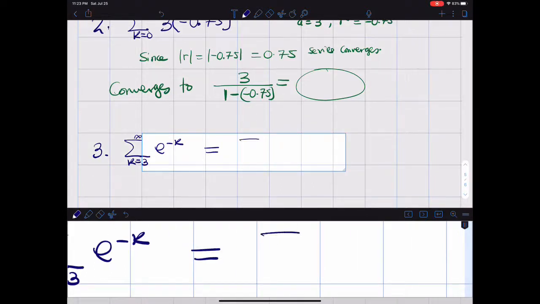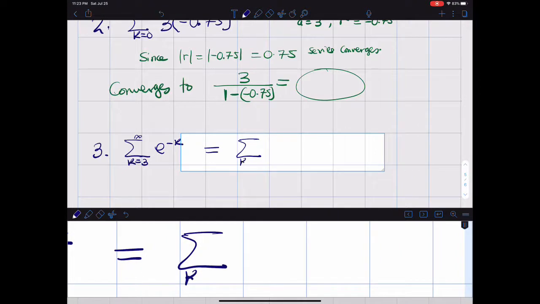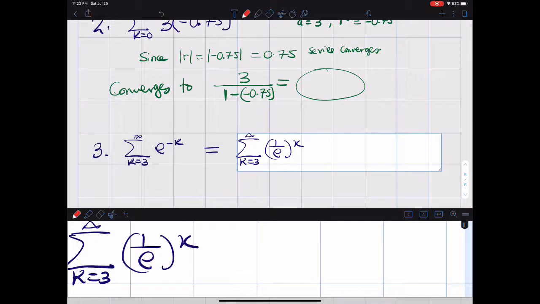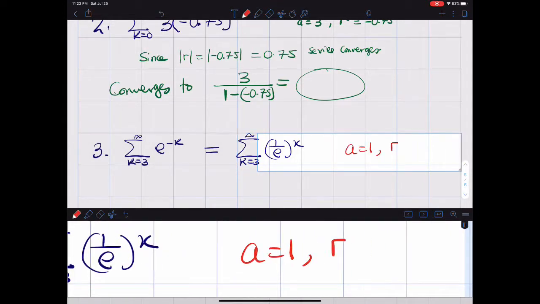We can begin by rewriting this as the sum from k equals 3 to infinity of 1 over e to the power of k. All right? And then our a is 1 and our r is 1 over e.